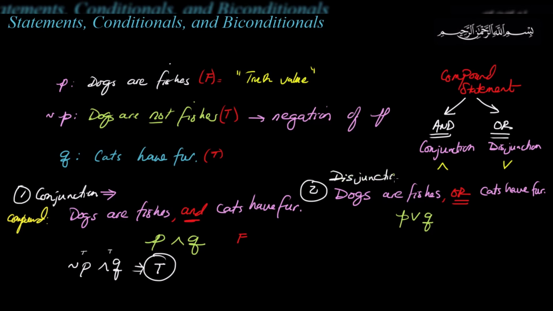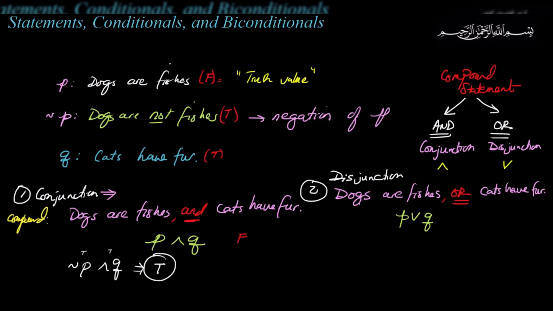In other words, either this has to be true or this has to be true. They're independent of each other in a way. Conjunctions are like they're together: either they both work together or they both don't. Disjunction is that they're separate. If one of them is true, then the whole statement would be true in a way. That's how we can potentially perceive of it.